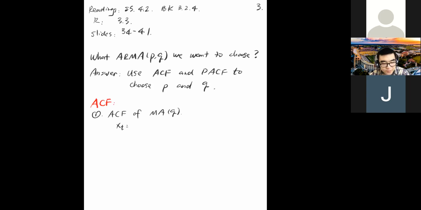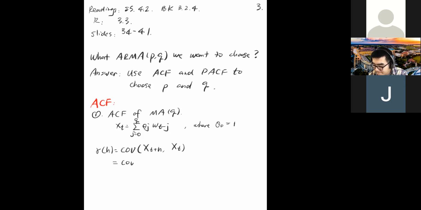So the MA(Q) model is this. And let's find its autocovariance.